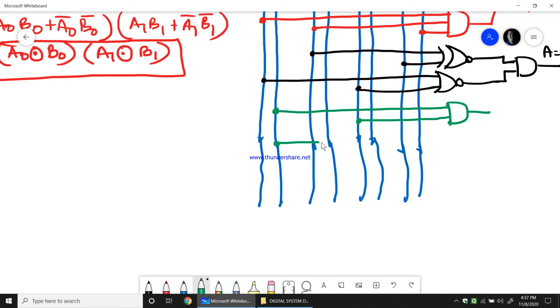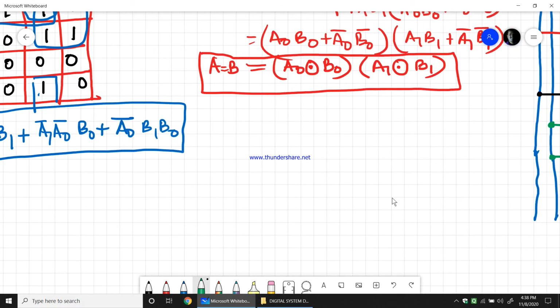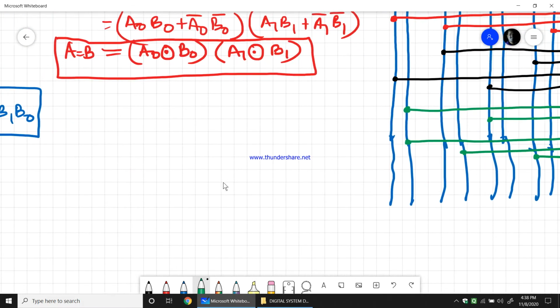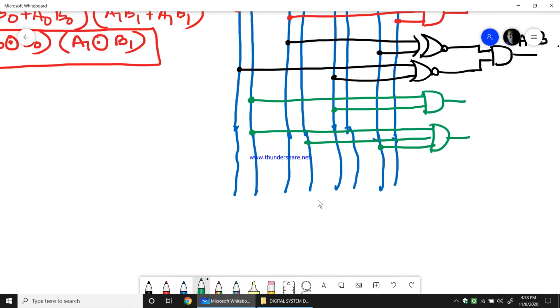A1 bar A0 bar B0, plus A0 bar B1 B0. A0 bar B1 B0.